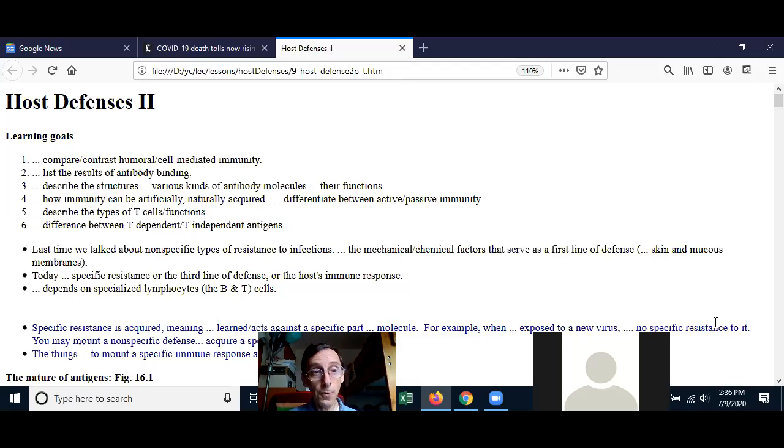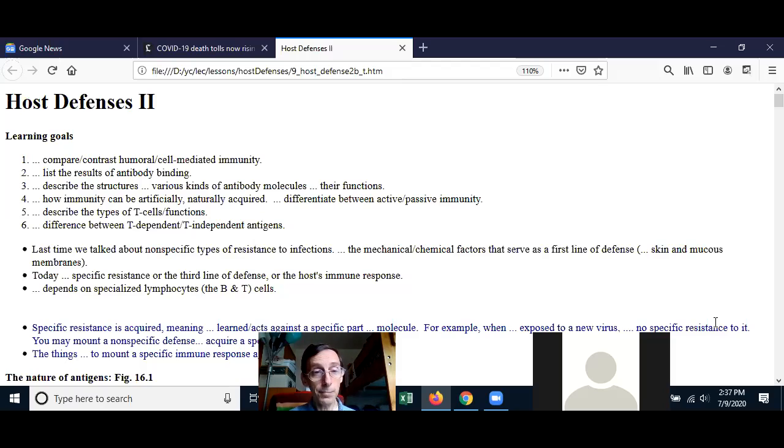Be able to know how immunity can be artificially acquired or naturally acquired, and be able to differentiate between when the response is active or passive.